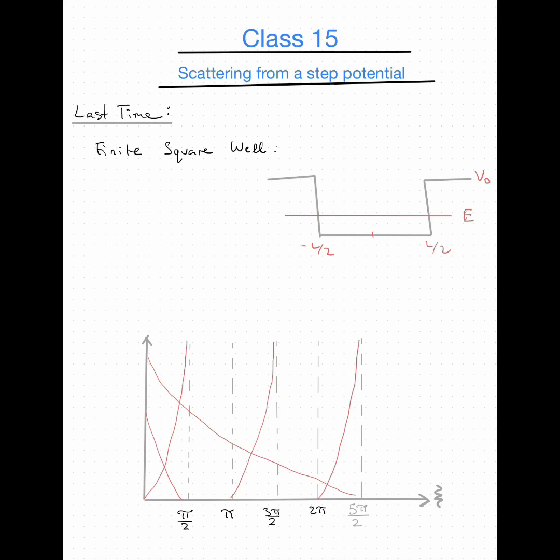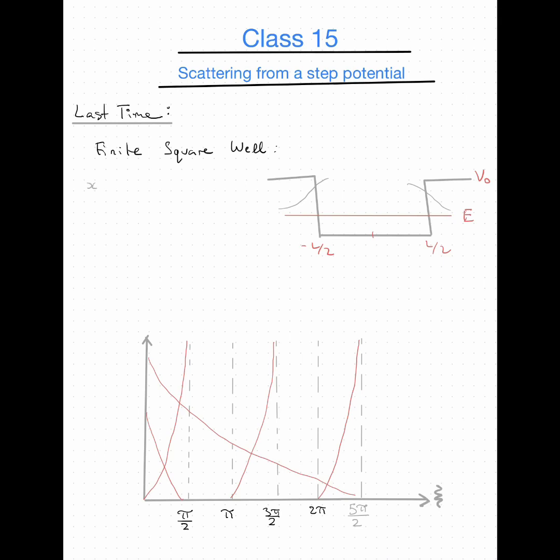And the solution to the wave function kind of looks like this on the left side and this on the right side, meaning that there has to be decay when the energy is less than V naught. That is, the wave function has to decay when its energy is less than V naught.